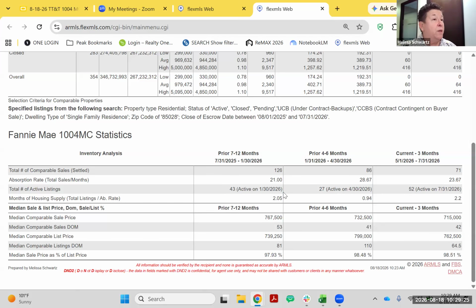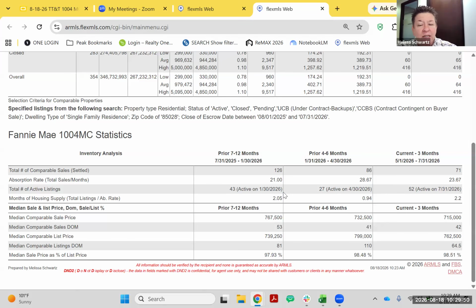That could very well be because of luxury homes, okay? So the days on market went from 50, 53 to 42, 41, 42. So less days on market currently, that's a good sign, right?